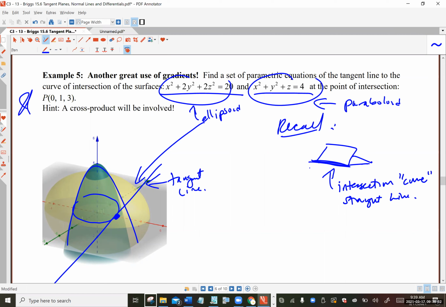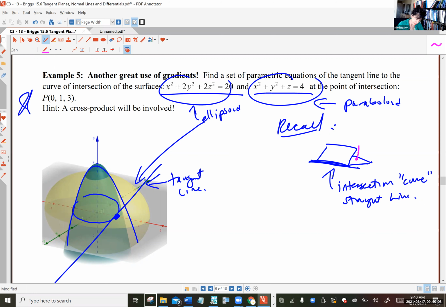And I asked you to give me the parametric equations for that straight line. If you forgot how to do this, let's review how we did it, because it's going to be a similar strategy for this slightly harder problem.